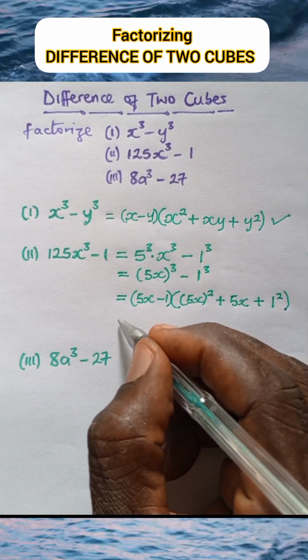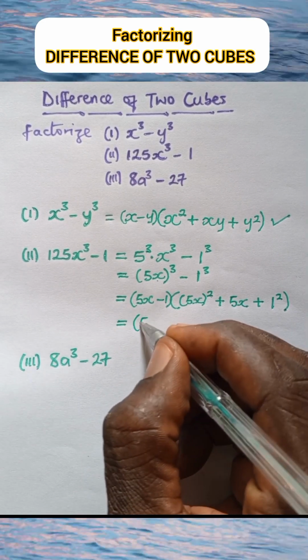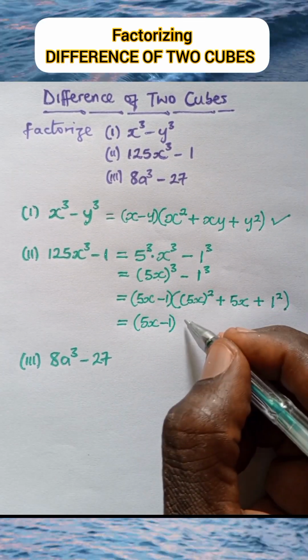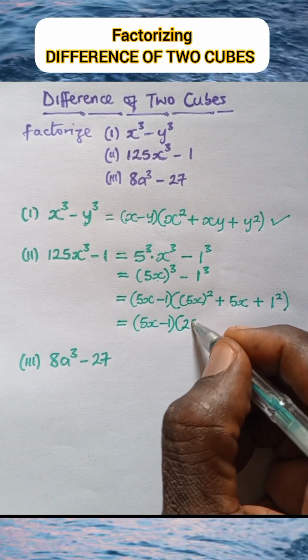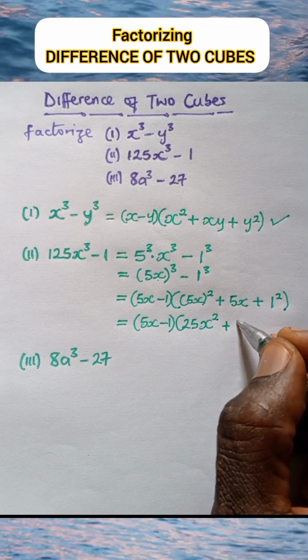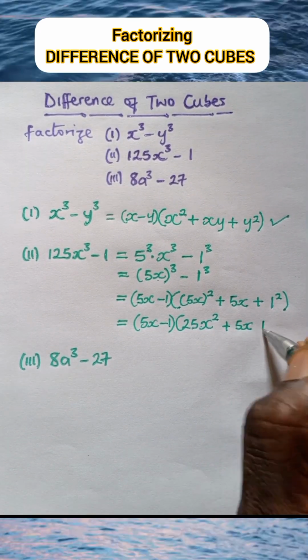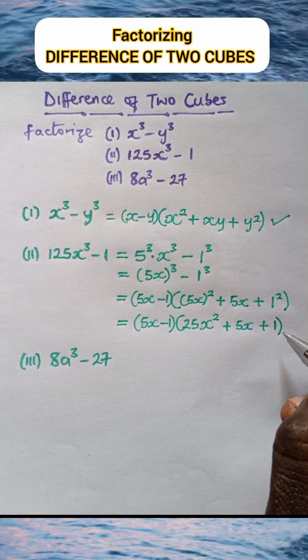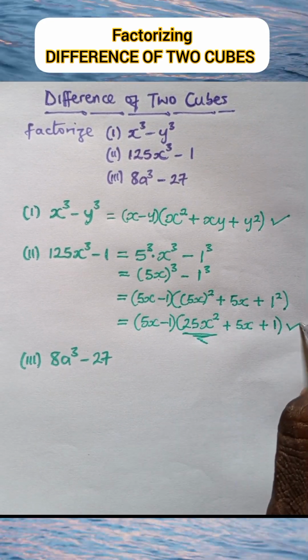And the final answer becomes, here we have 5x minus 1. 5 square is 25. So this gives us 25x square plus 5x plus 1 square is 1. This now is the answer.